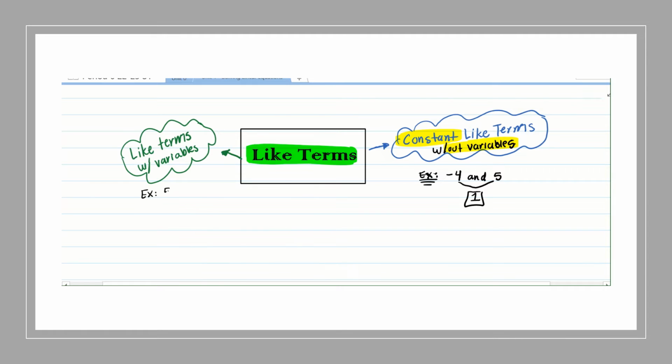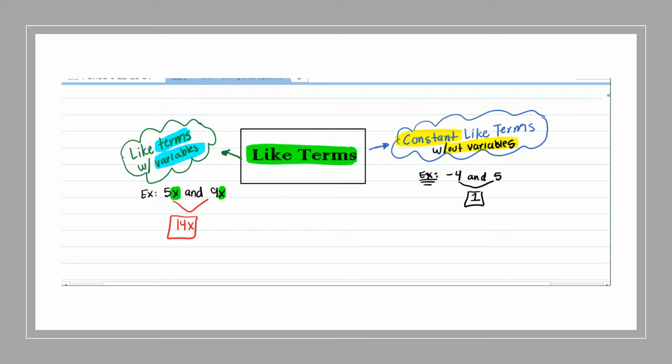Let's say that I had 5x and 9x as part of my equation. These two will be like terms because they both have an x next to them. Since they're like terms, I'm able to combine them. They were both positive, so I simply added those two numbers. The numbers before the x are called coefficients. So I just added the coefficients, the 5 and the 9.